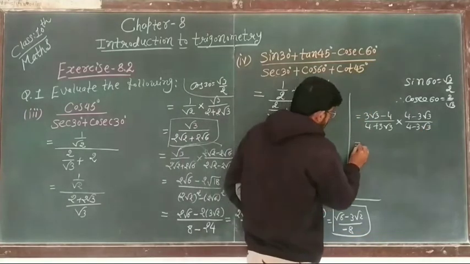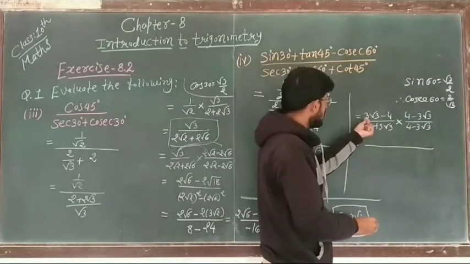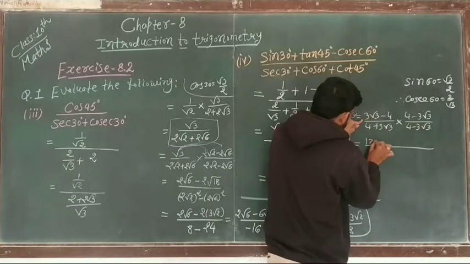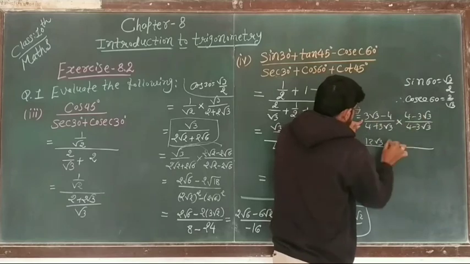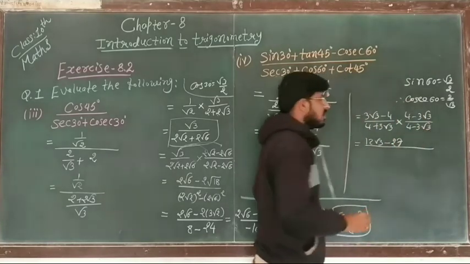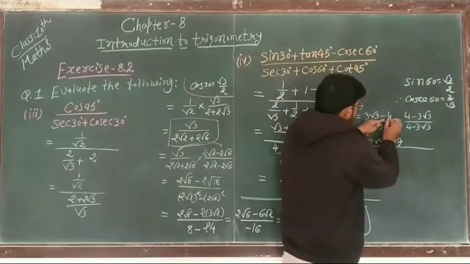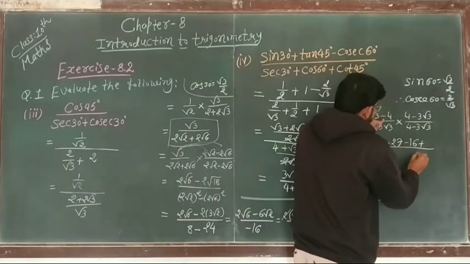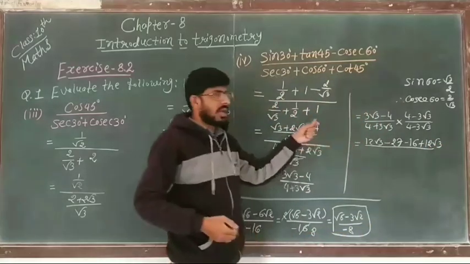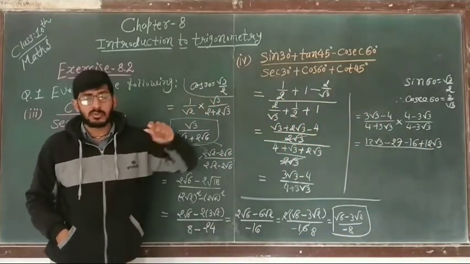So we get, in numerator we get 3 root 3 into 4. So 3 4s are 12 root 3. 3 root 3 into 3 root 3, it will be 27, because 3 root 3 square will be 27, minus 4 4s are 16, plus 4 3s are 12 root 3. And in denominator we can write a minus b plus b, means a square minus b square.